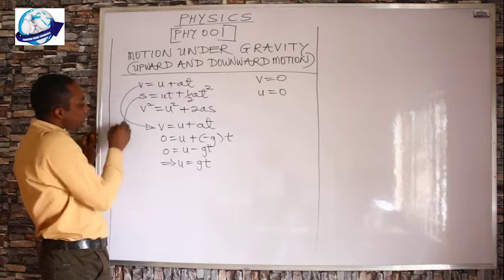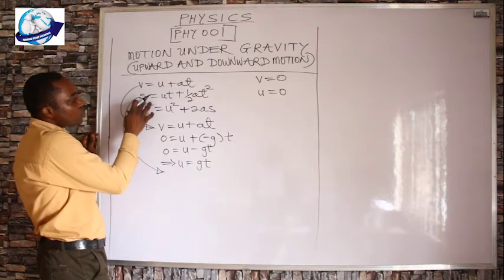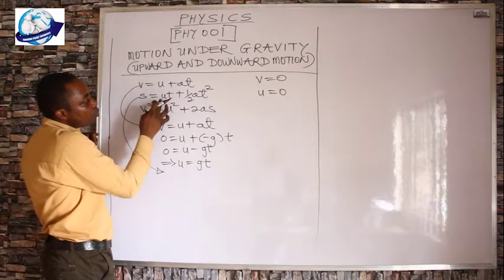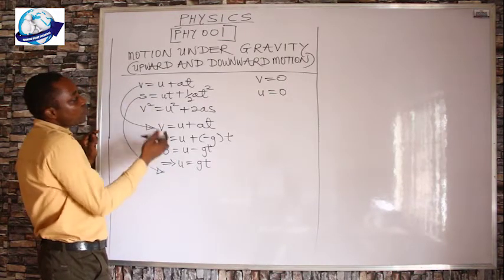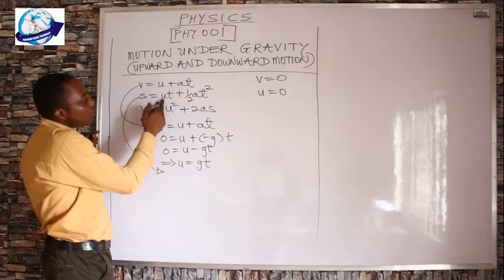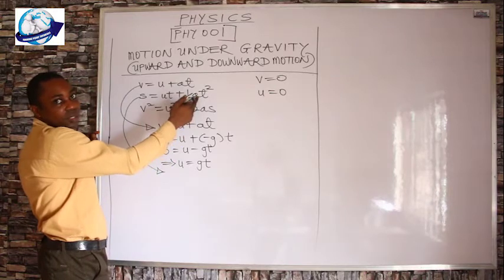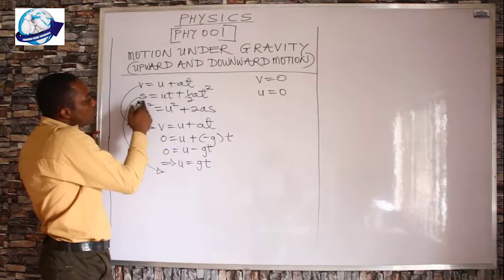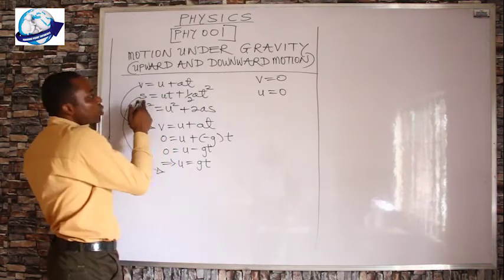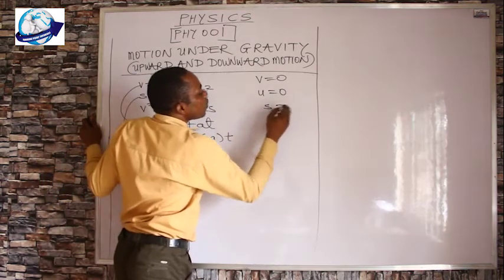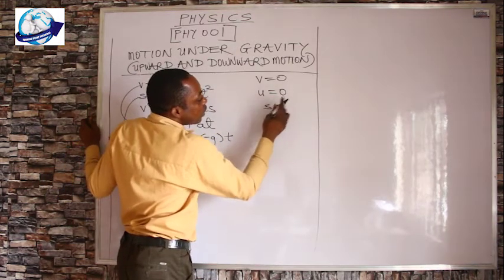For the other one, we have the second equation of motion. Remember we said that when a body is thrown upwards, u is still there, and the acceleration becomes minus g, negative. The distance now becomes h.